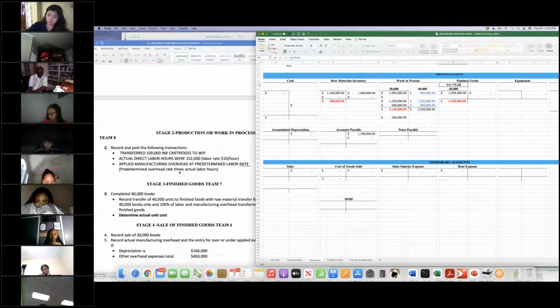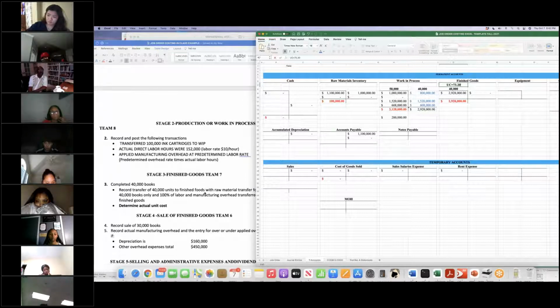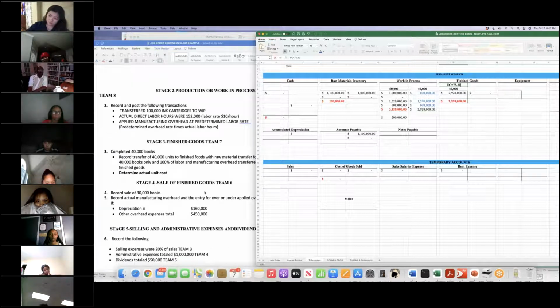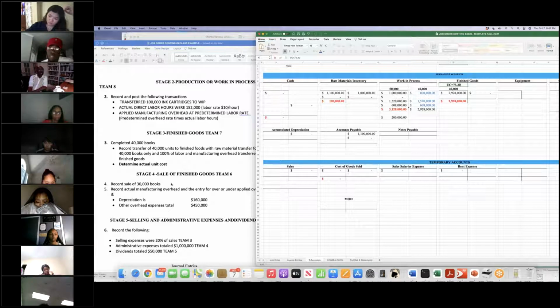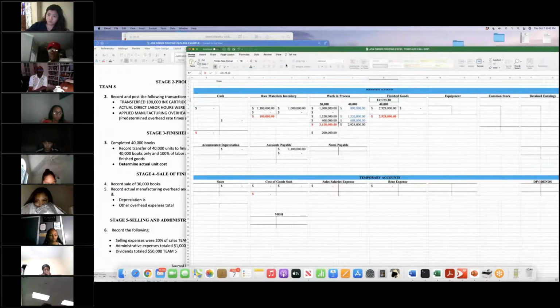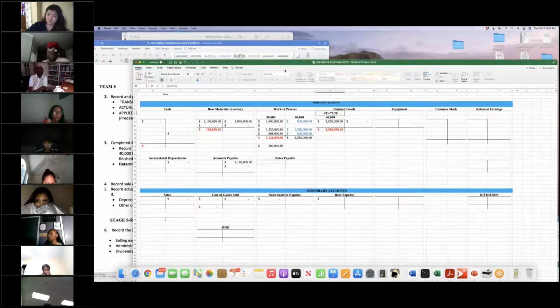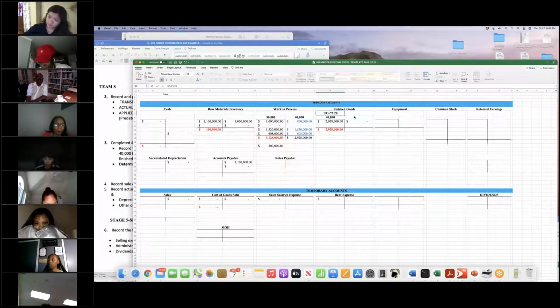Now it's time to go on to stage 4, where we sell 30,000 books. So we're getting ready to sell 30,000 books.